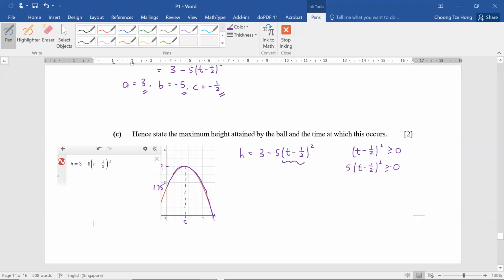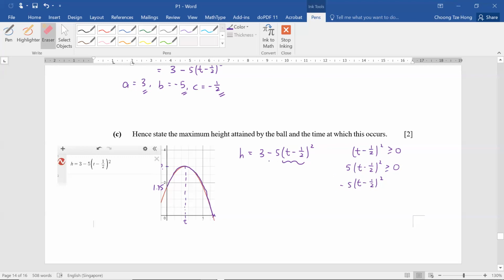The whole expression is 3 minus 5 times the square. Maybe I'll talk about −5 first.